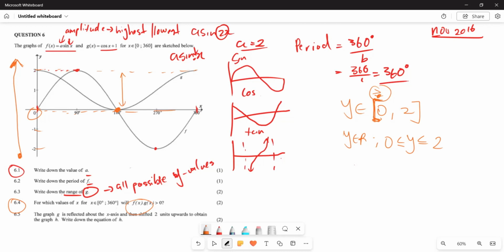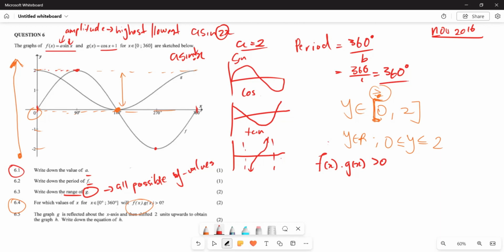Now, I know some of you really panic on these questions, but look, when they say f(x) multiplied by g(x) is greater than 0, basically any numbers that give you something greater than 0. If you multiply +1 and +1, the answer is still positive.